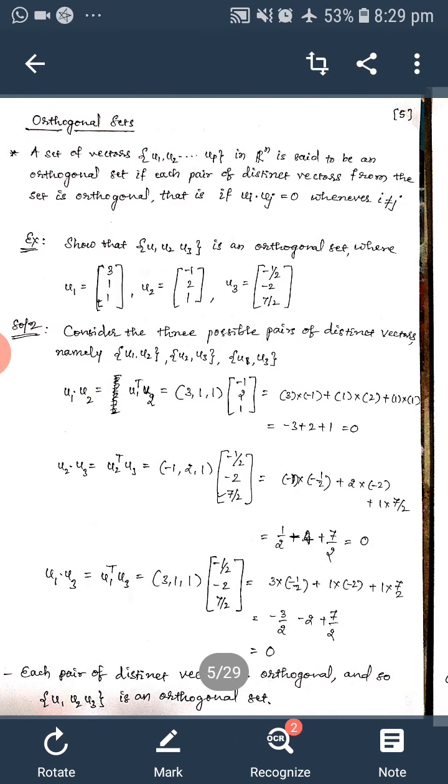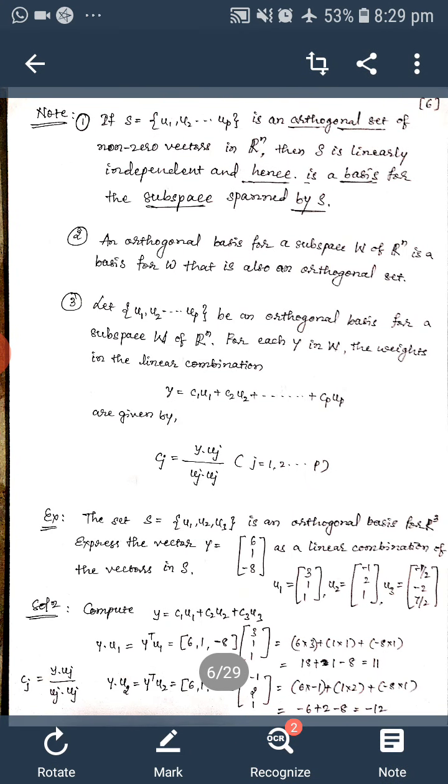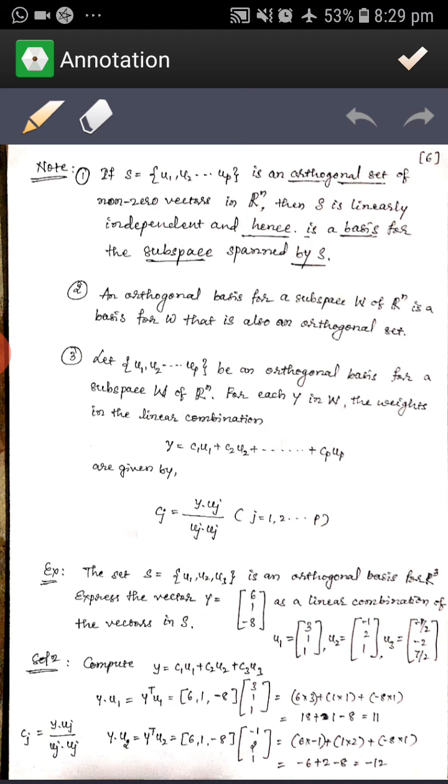Similarly, we can take some important terms here. If the set S = {u1, ..., up} is an orthogonal set of non-zero vectors in Rn, then S is linearly independent, and hence is a basis for the subspace spanned by S. What it means is, if there is a set of vectors and they form an orthogonal set, that is, after calculating the pairwise dot products they come out 0, then S is linearly independent.